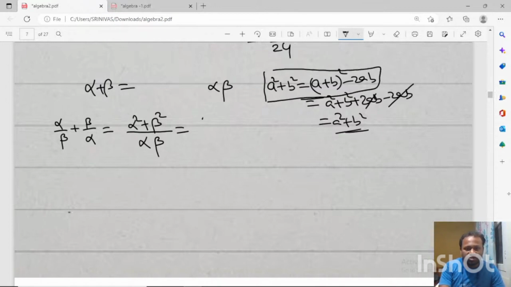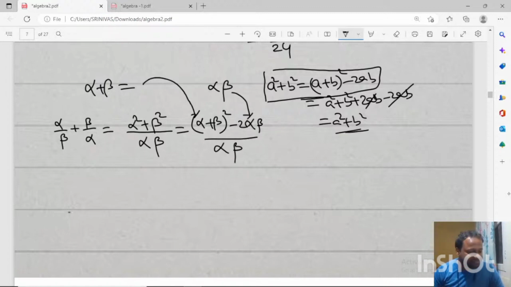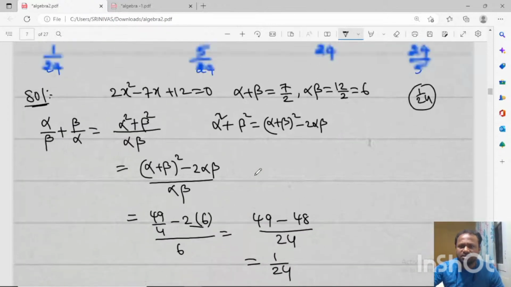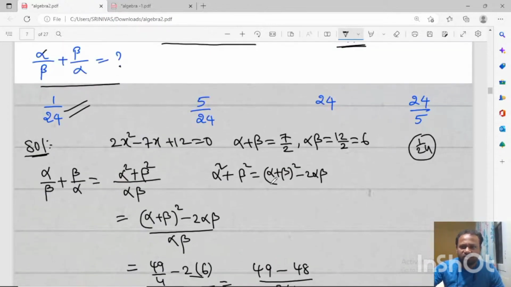Here how should I write? Alpha plus beta whole square minus 2 alpha beta divided by alpha beta. Substitute all values here. What about option D? Darakshan says option D. What is option D? 24 by 5.